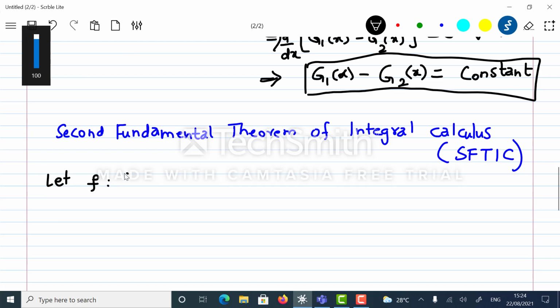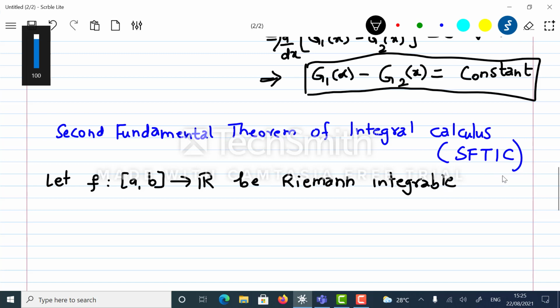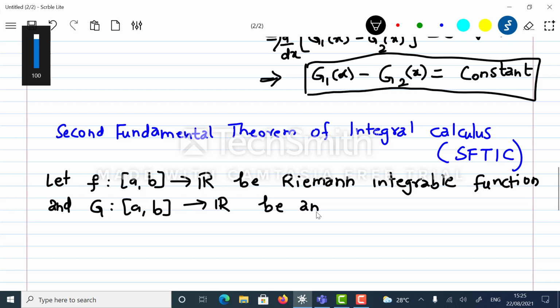Let f be a function from the closed interval [a, b] to R, be a Riemann integrable function, and a function g from the closed interval [a, b] to R be an antiderivative of f.